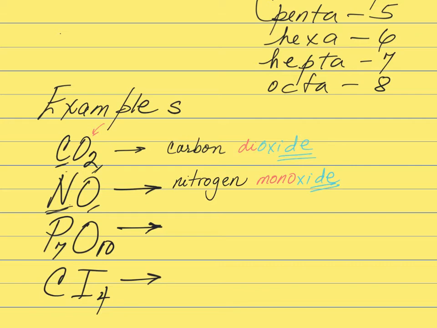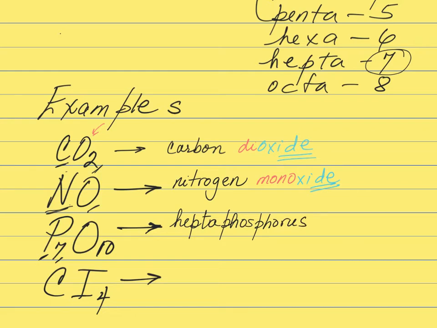The third one, and I made this up, I don't know if this compound exists. I'm going to look at the first atom, but instead of having one, I have 7. The prefix for 7, phosphorus.